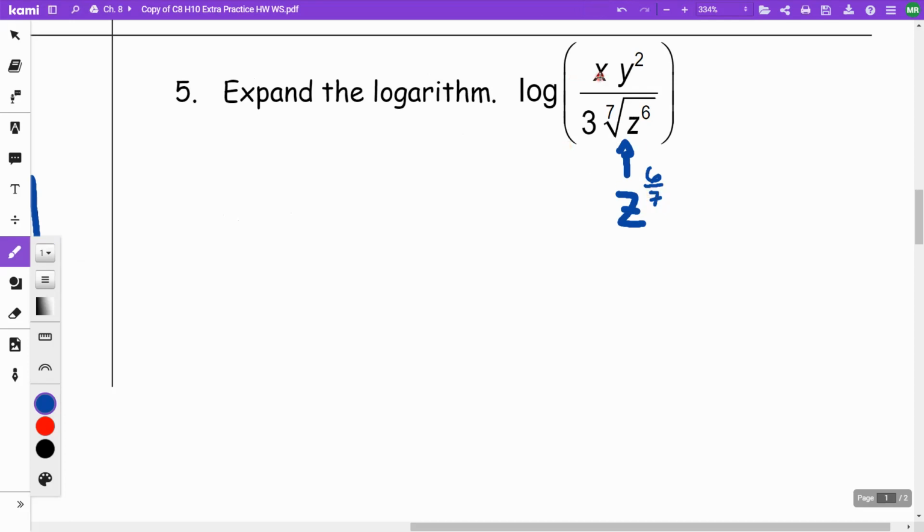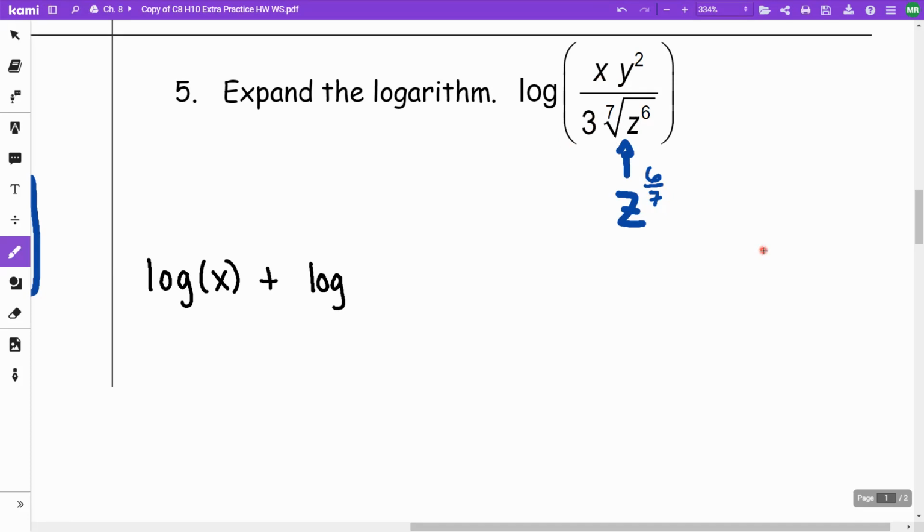I'm going to have a log for the x, a log for the y, a log for the 3, a log for the z. So I am going to have log of x plus, I'm going to write this, but I'm going to change it, log of y squared, but my square can move in front. Okay, so that's going to be 2 log y.